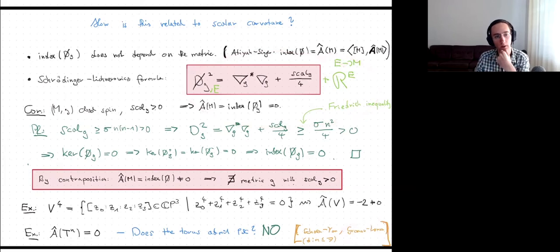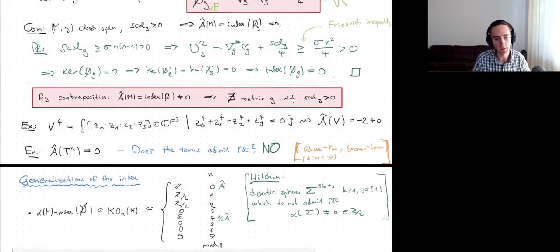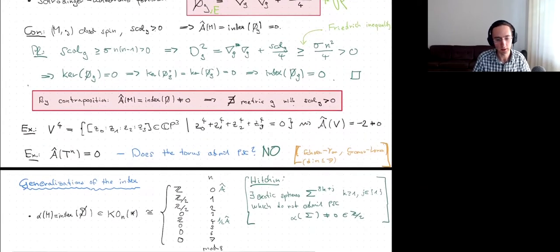And later, this kind of approach was reintegrated into one kind of index, and that's the next thing I want to talk about now. There are some generalizations of the index that take this kind of approach into account. The first one, which doesn't quite go in this direction but is also important, is a slight refinement of the Dirac operator, which doesn't have an index in the integers, but an index in the real K-homology of the point, where the dimension is just the dimension of the manifold.